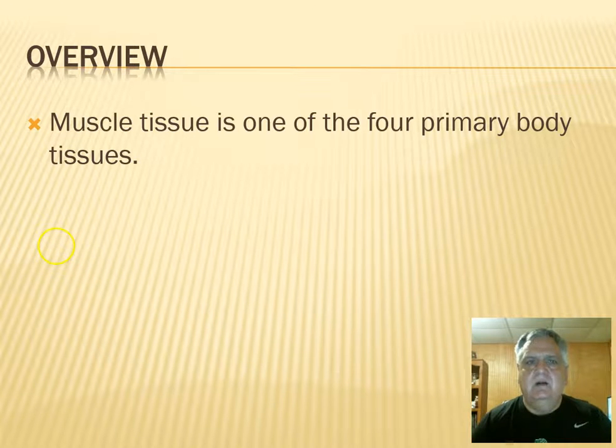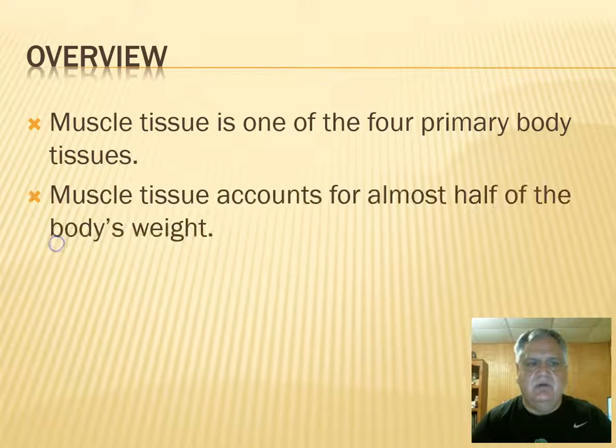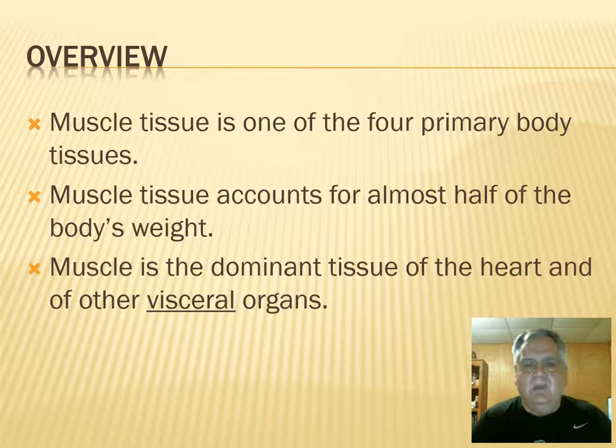Here, we're going to be talking extensively about muscle tissue, its structure, function, and physiology. Now, muscle tissue accounts for almost half of your total body weight. So it can make a big difference in your body weight by developing or having a loss of muscle tissue. Muscle tissue is the most dominant tissue of your heart and of other visceral organs.